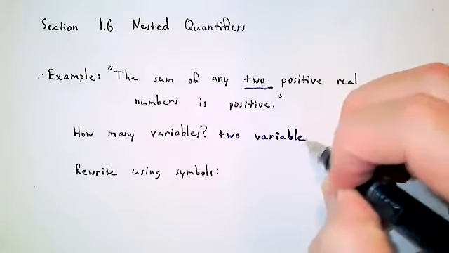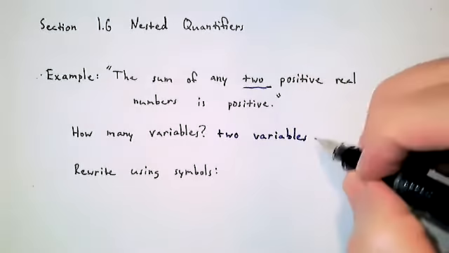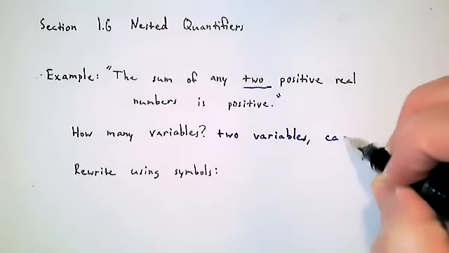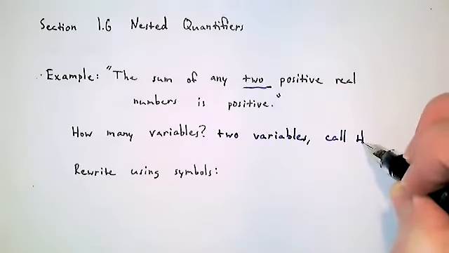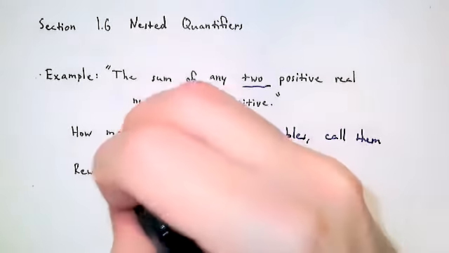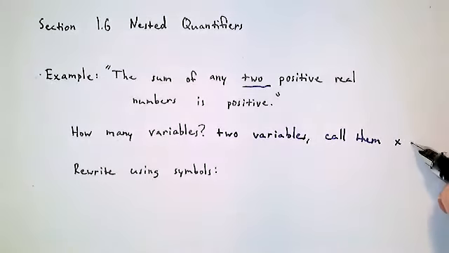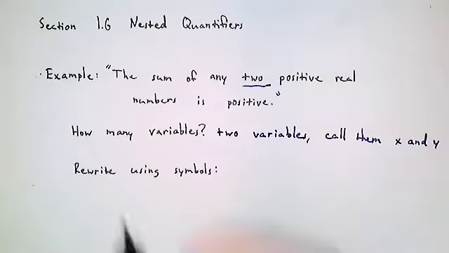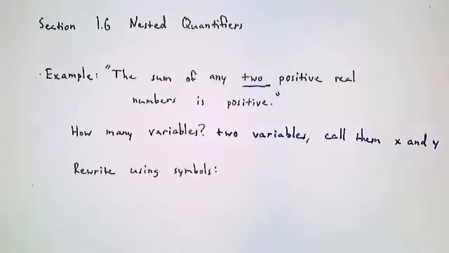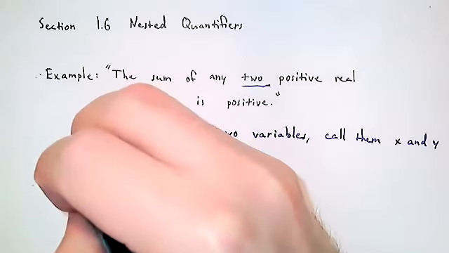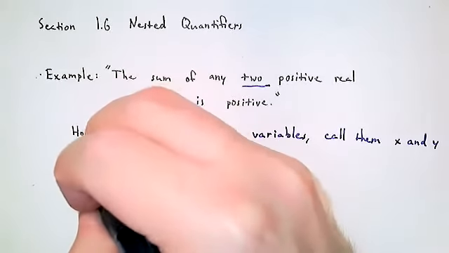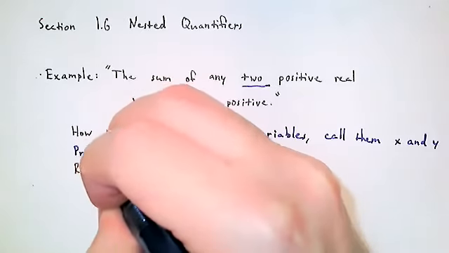So we have two variables, and we want to go ahead and give them names. Let's just call them x and y. And before we go on to rewriting this using symbols, let's go ahead and think about the propositional function that we're looking at as well.